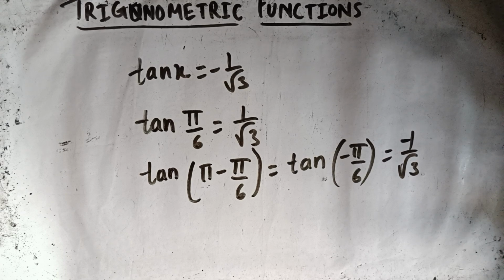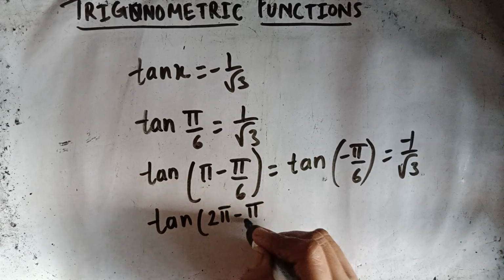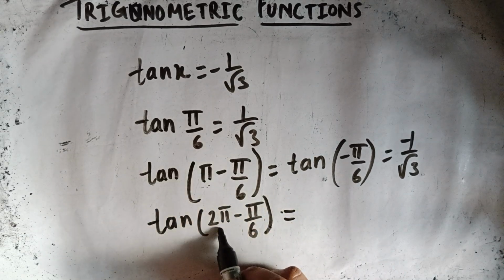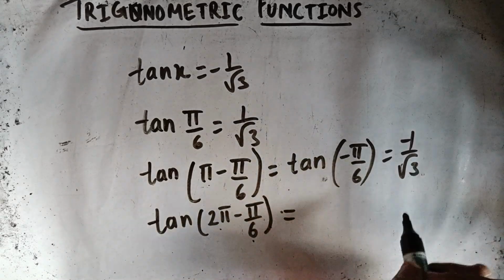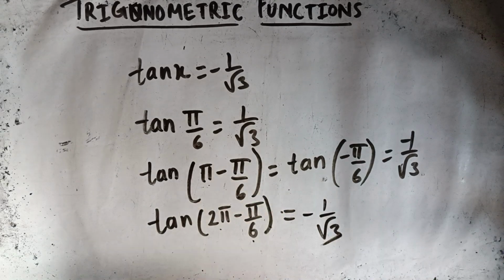And the other way you can write this is tan of 2 pi minus pi by 6. Again this 2 pi is 0, so tan of minus pi by 6 is minus 1 upon root 3. Any other value can you find?